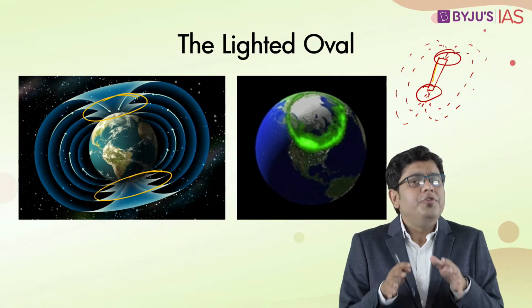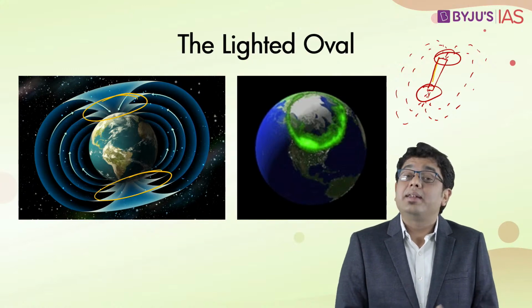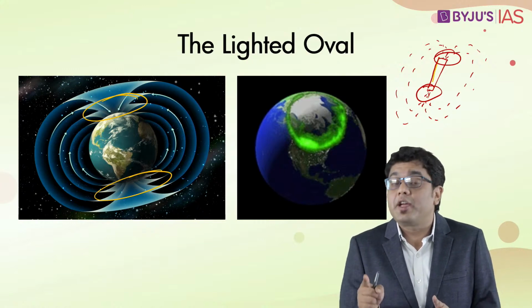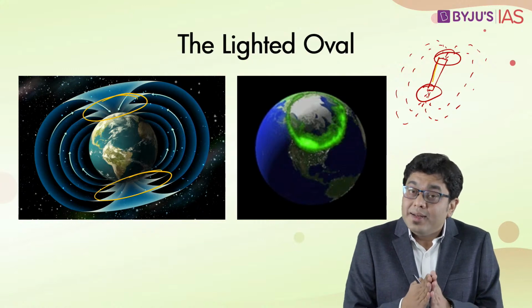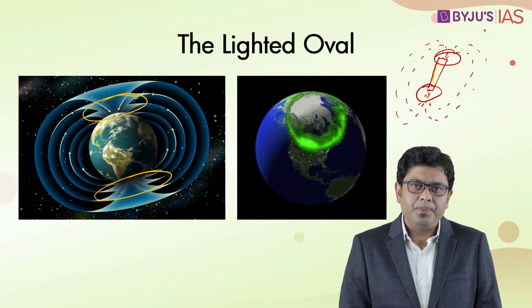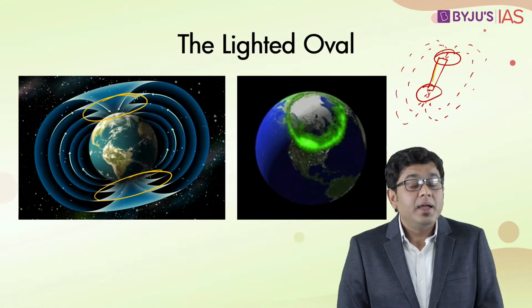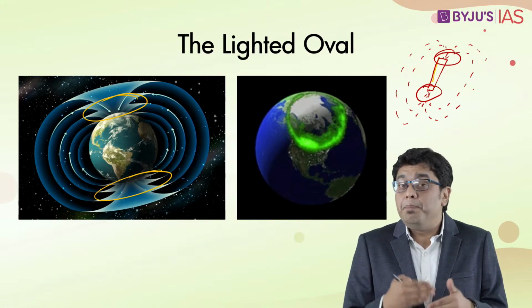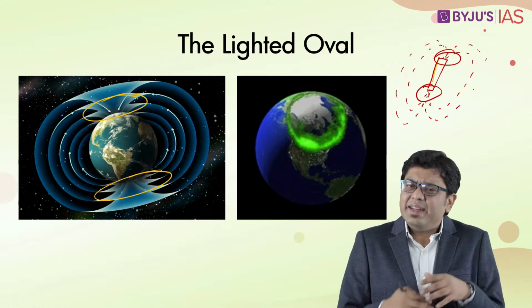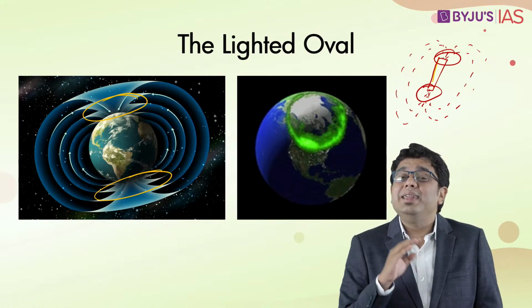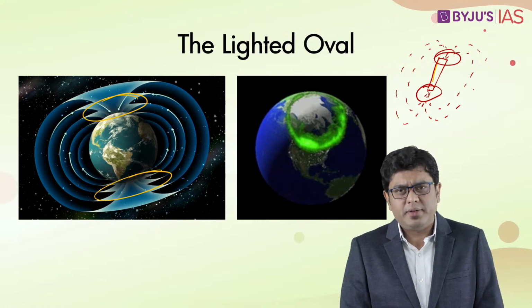And I hope we are aware of the fact that our magnetic poles and our geological or geographical poles are distinct from each other. The magnetic north and south poles of the Earth keep on changing over a period of time, and this is purely determined and derived by the internal movement of the Earth.